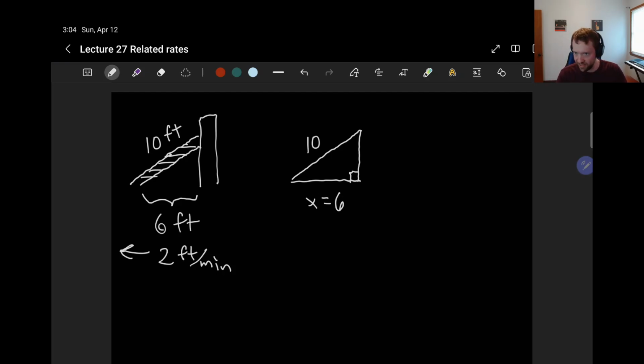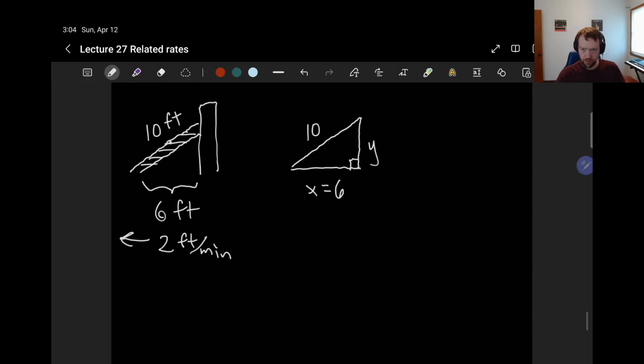It's not always 6, it's just 6 at this instant. And let's call the vertical distance y. So x and y are my real variables at play here. And those are related by the Pythagorean theorem for right triangles.